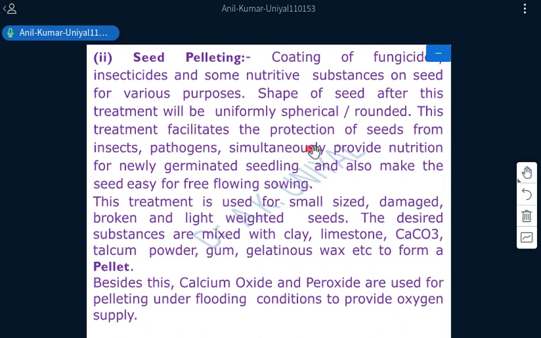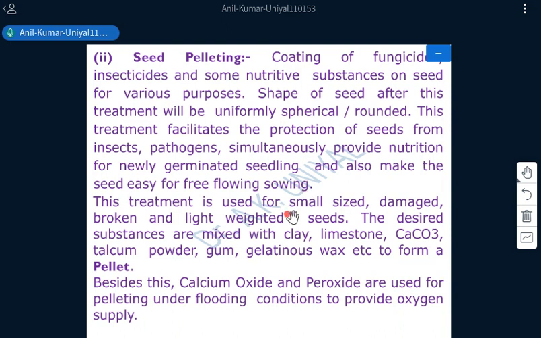and this treatment facilitates the protection of seed from insect pathogens, stimulates germination, and provides nutrition for newly germinated seedlings, and makes the seed easy for free flowing sowing as mentioned.